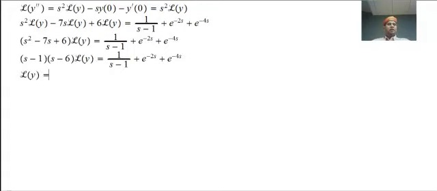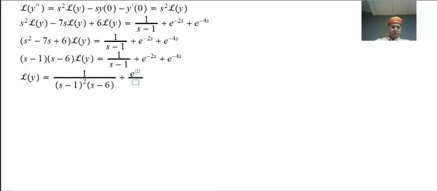So then we have Ly, right? Here what shall we have? 1 over s minus 1. When combined with this s minus 1, what will that get? S minus 1 squared, right? Everybody good? Then I have 1 over s minus 6, and then we got what?